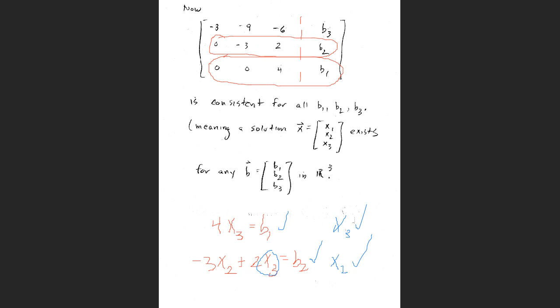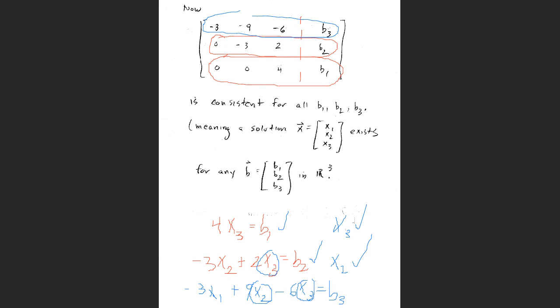And then the first equation here is negative 3x1 plus 9x2 minus 6x3 equals B3. x3 has a solution, x2 has a solution.